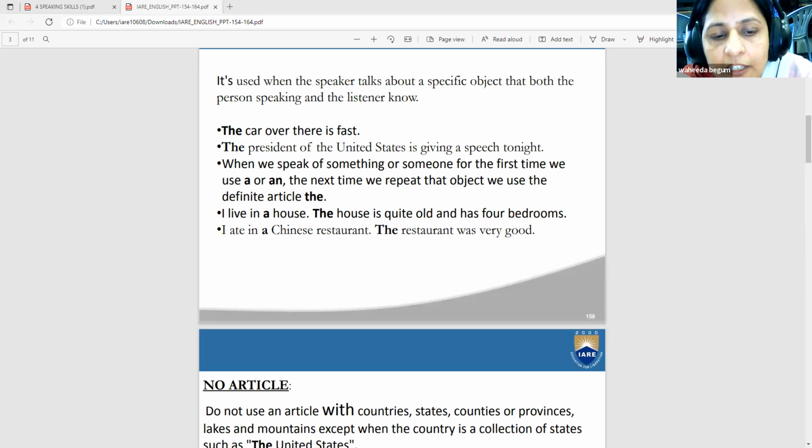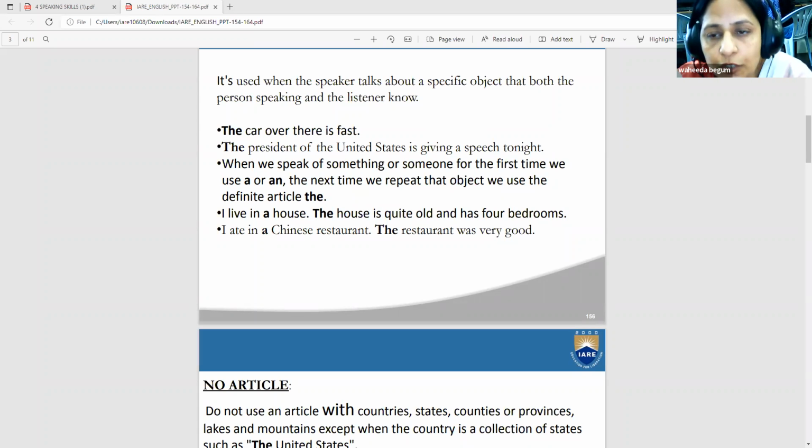Like a Shakespeare of today's world means a person who is very well versed in writing. Or a Bible of all times, like that.